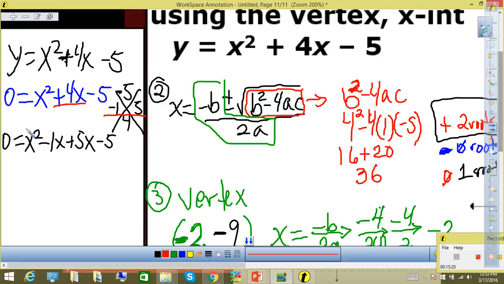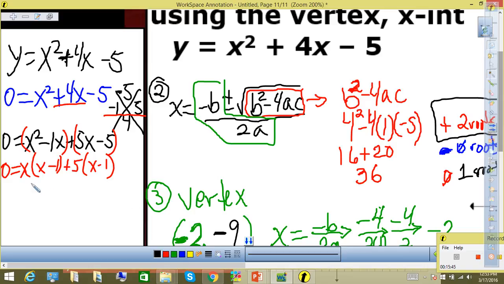All right, let's group these two and these two. GCF for these two is x, and we're left with x minus 1, plus, what is the GCF for these two? 5, and we're left with x minus 1, and all that equals 0.